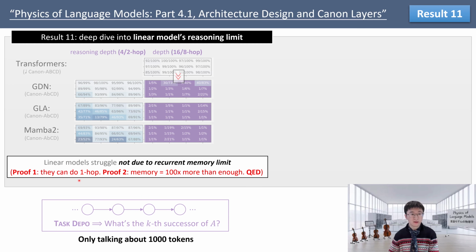Proof number one is that the models turn out to be able to perform one-hop reasoning, which is one-hop information retrieval, and therefore they can definitely memorize. They have enough recurrent memory to know the entire history of the tokens. That's proof number one. Proof number two is that you can mathematically compute, for each layer, be it a GLA layer, a Mamba2 layer, or a GDN layer, that the size of the recurrent memory is 100 times more than enough to store the entire sequence of knowledge. So it's not really because of the recurrent memory.